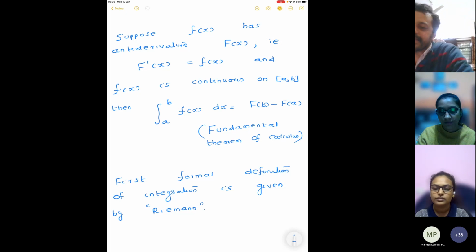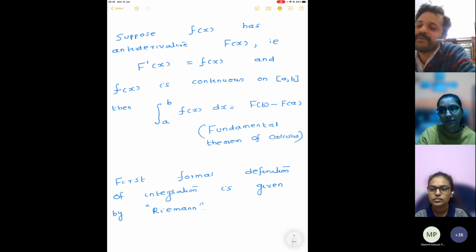So f of x measures the income of the owner of a particular house. So the limit as x tends to c of f of x is like the impression you get about the income of the owner of house c from the income of the owners of the neighboring houses. Are you with me? I don't know whether I'm wasting time, but it's okay.